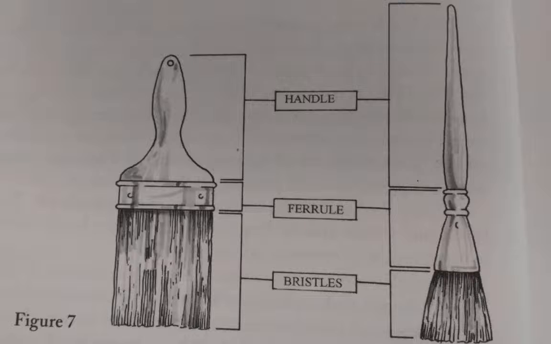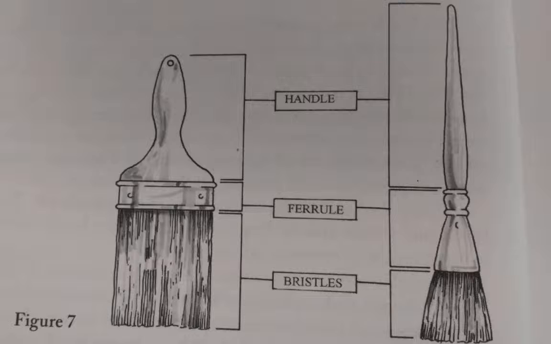As you can see, there are 3 main parts that I want you to know about. I want you to know about the handle. The part that you hold is called the handle. But at the other end of the brush are the bristles. The part that takes the paint in and pushes the paint out. These are the bristles. In the middle is the ferrule. This is the connection between the handle and the bristles.